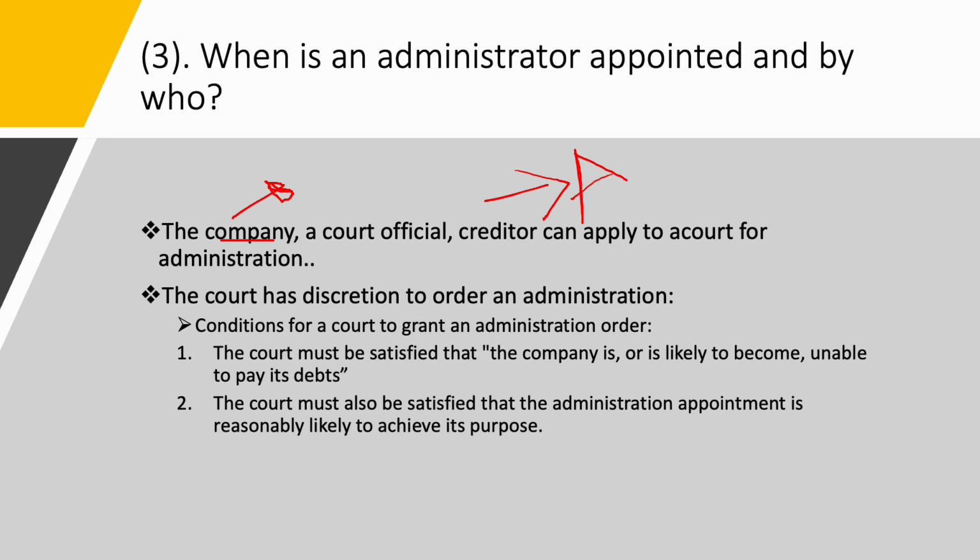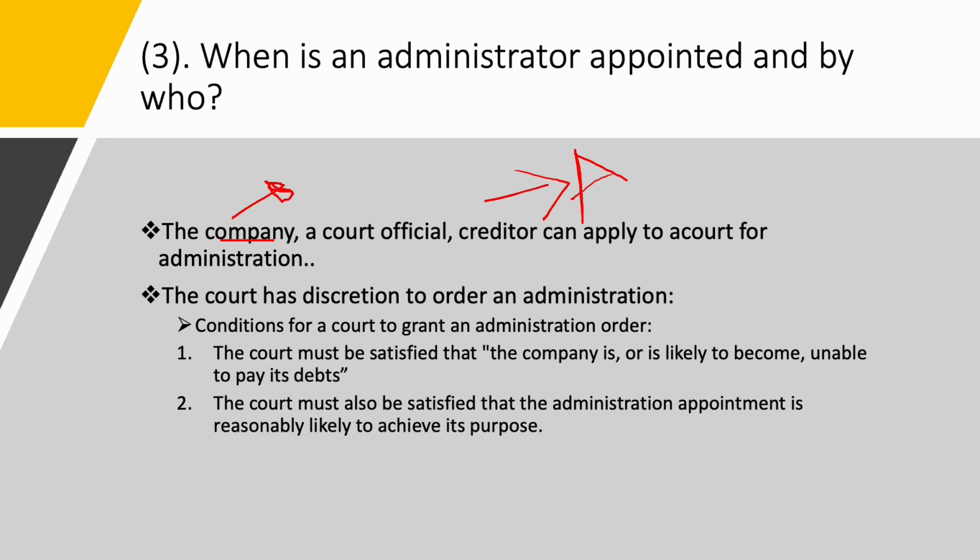And of course, this is based on the factual evidence that is provided during this application. The other thing is that the court must be satisfied that if this administrator is appointed, he or she is likely to achieve the purpose for which he or she has been appointed. So pay close attention to this.